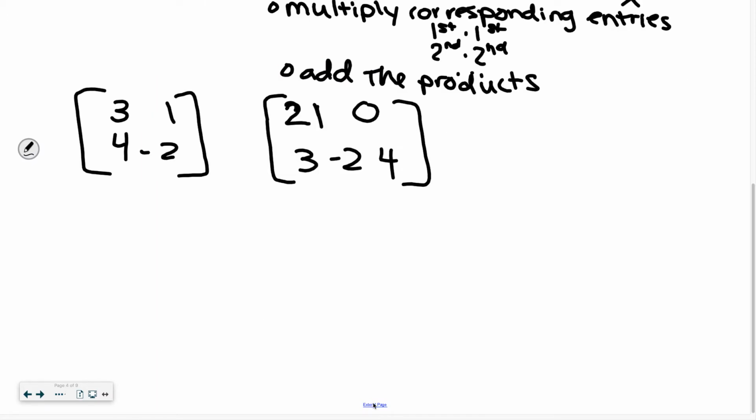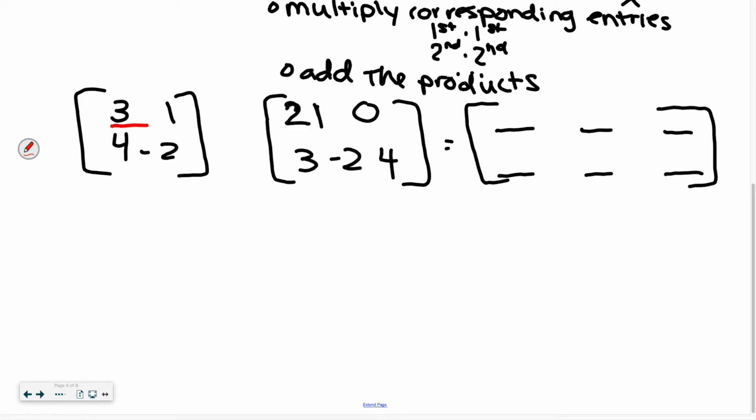Sorry, that looks like 21, but that's a 1 over there. Okay, so here's what we're going to do. Our answer is going to be a 2 by 3, right? So I'll have 1, 2, 3 entries, 1, 2, 3 entries. I'm going to come up with 6 numbers. To get those numbers, I'm going to take the first row, 3, 1, and multiply it by the first column.